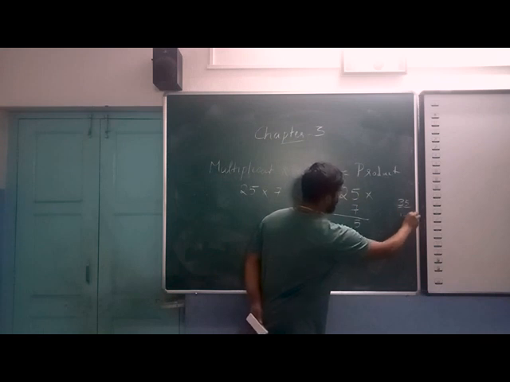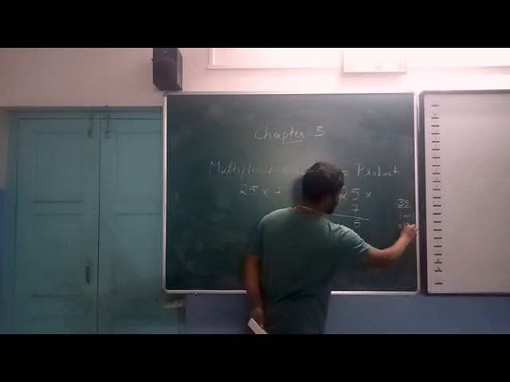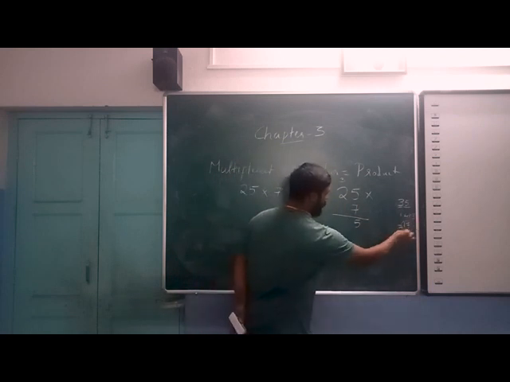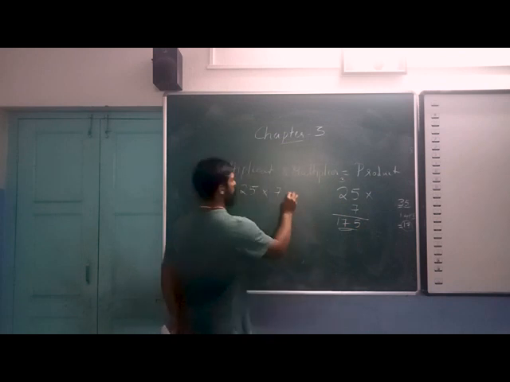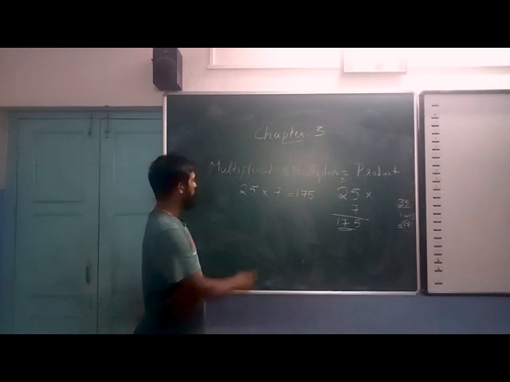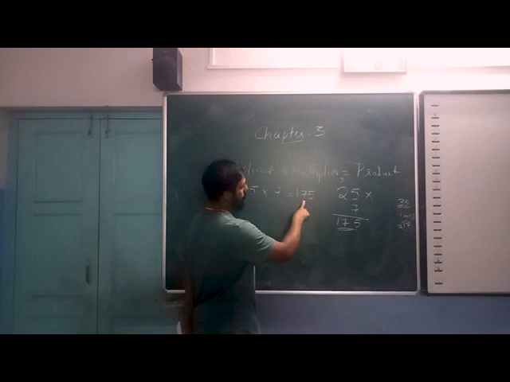This 14 plus 3, this 3 is added, that is equal to 17. Since no other numbers are there to multiply, we write the full number 175. So the product is 175. Is that clear?